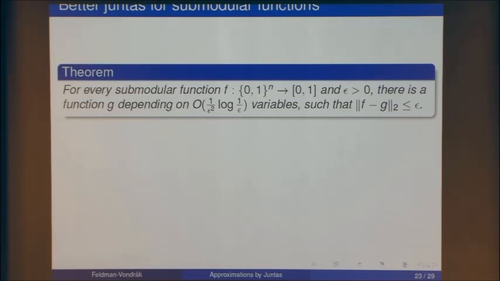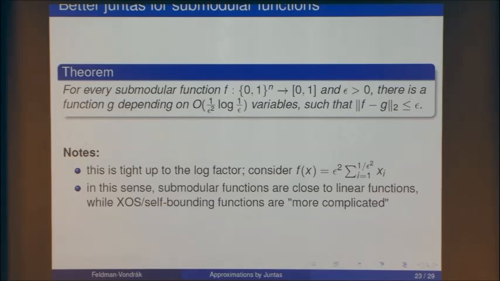Okay, so now the stronger junta result for submodular functions. The claim is that it's enough to pick 1 over epsilon squared times log 1 over epsilon variables to approximate these functions within epsilon. And you would need 1 over epsilon squared even for linear functions, as I mentioned.